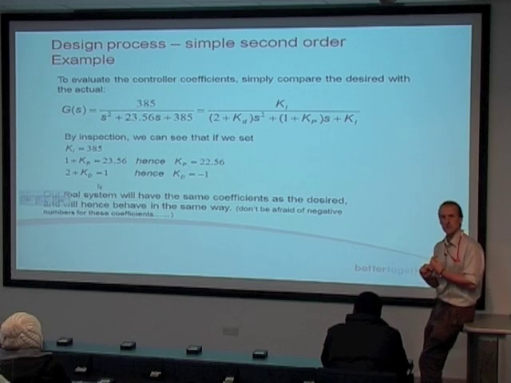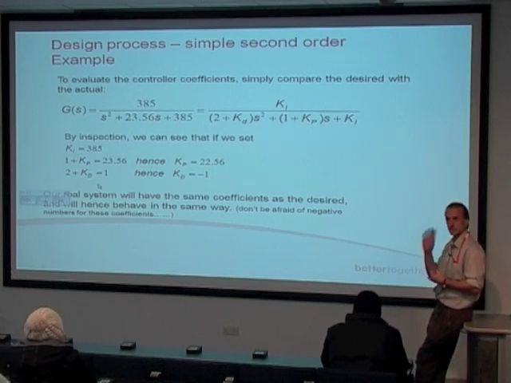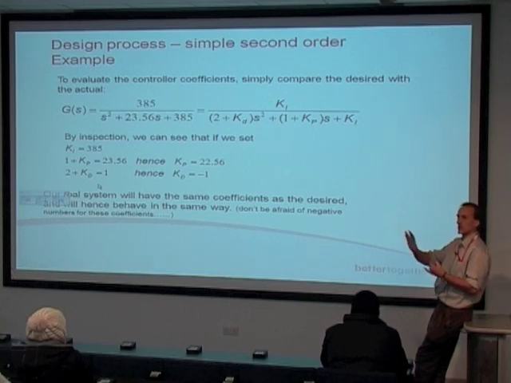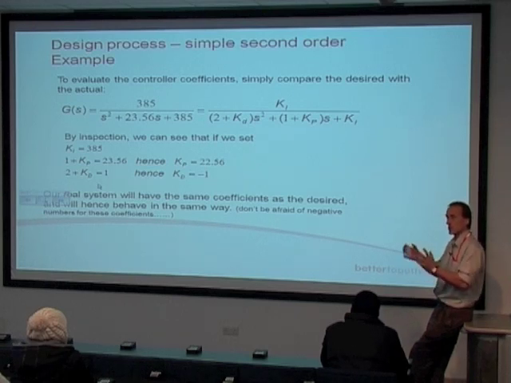How many unknowns do I have, or how many variables do I have in a second order system? Yeah, sorry, let's forget the gain. Just in terms of dynamic behavior, we've got two, haven't we? We've got omega n, we've got zeta. How many variables have I got? 3. I've actually got too many variables here.